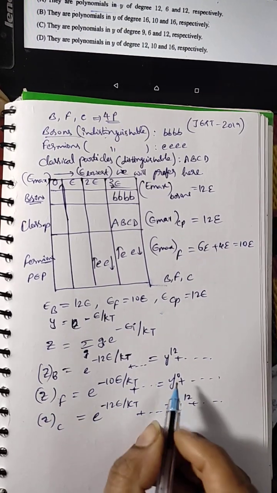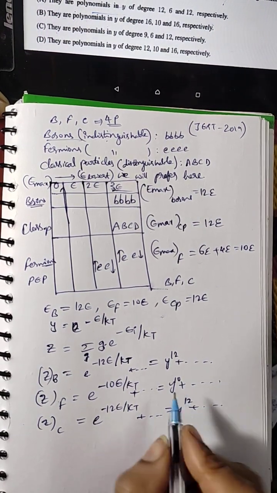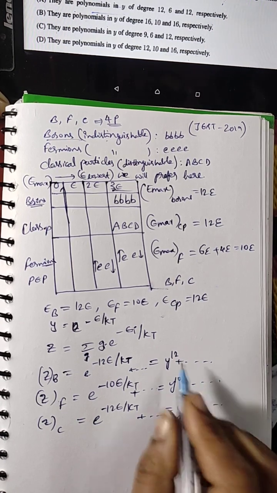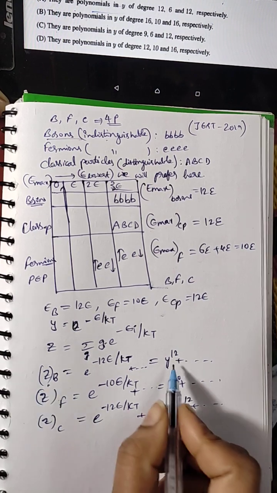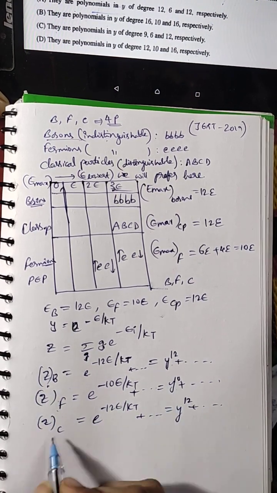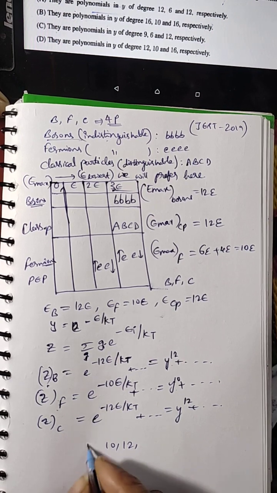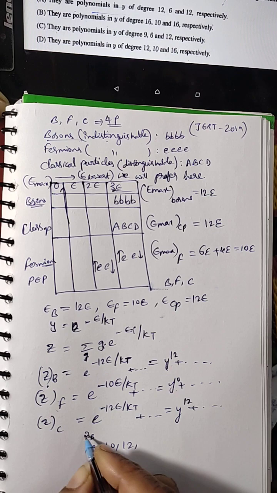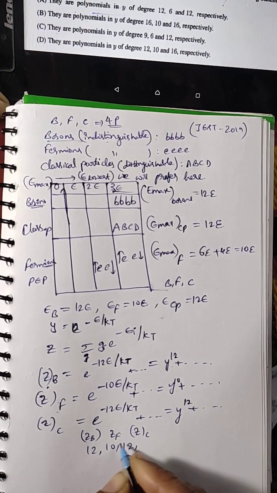So if we see the options, they are polynomials degree-wise. Respectively means in order. So for boson it is 12, for fermions it is 10, and for classical particles 12. So this is the partition function of boson, fermion, classical particle.